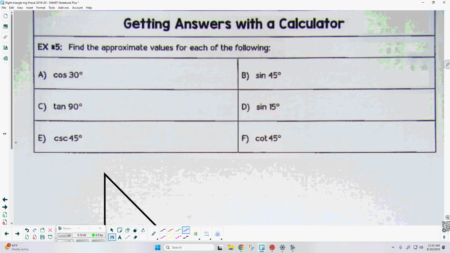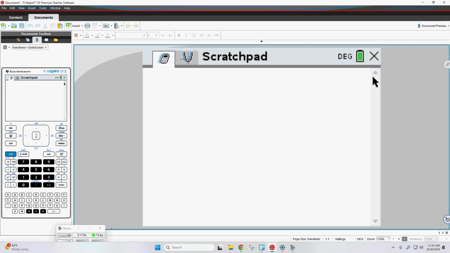Let's go ahead and practice putting these in the calculator. Now, one thing, I am going to start in a couple of days showing you what a radian is. So your calculator is going to want to either be in degree mode or radian mode, depending on what you're working with. Let me show you this. Go back to your home screen.